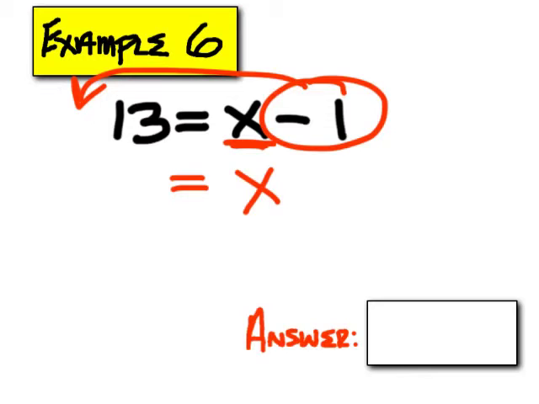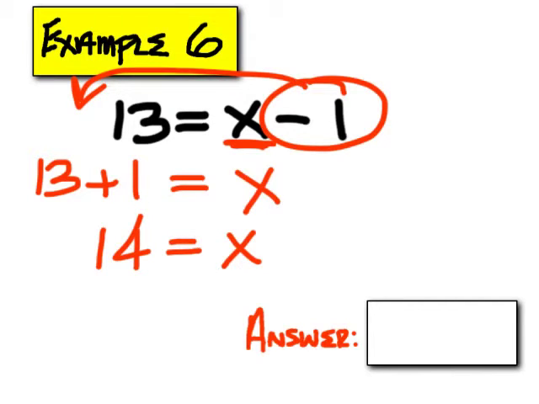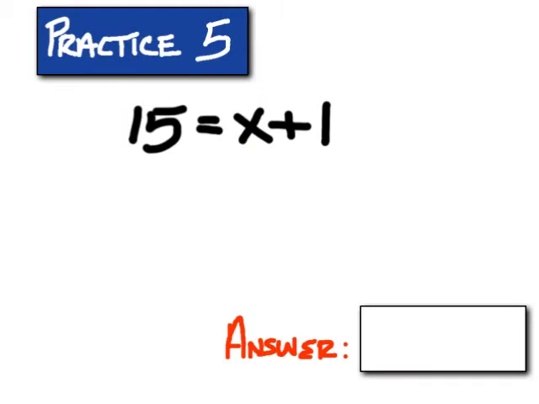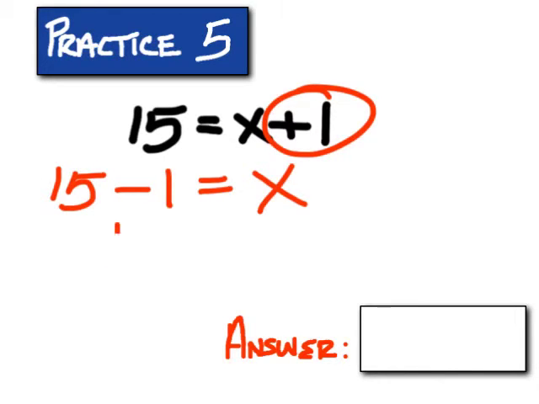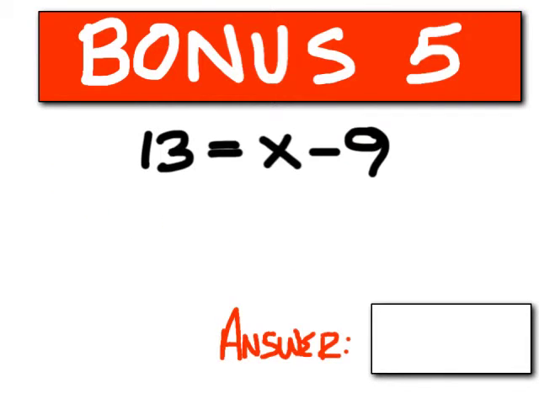This must move over to the left. It goes from being minus 1 to plus 1. 13 plus 1 is 14. Move this plus 1 to the left and make it minus 1. The answer should be 14.